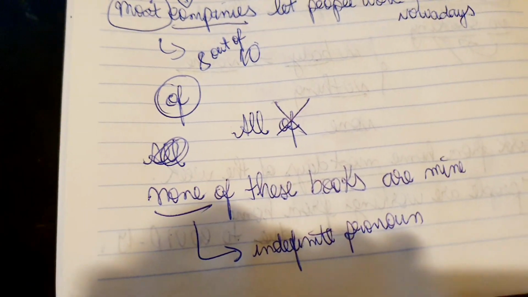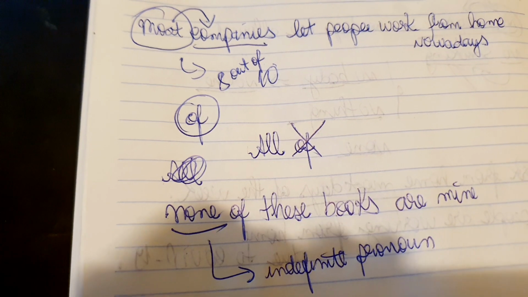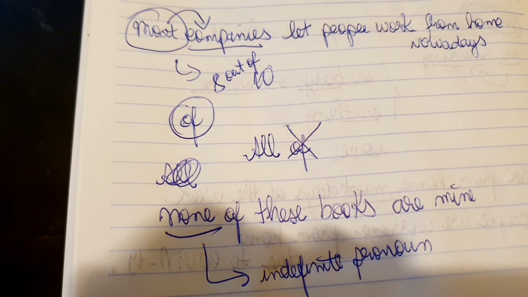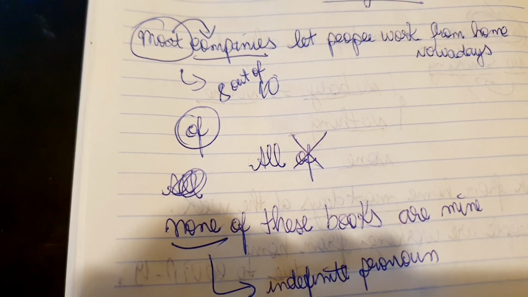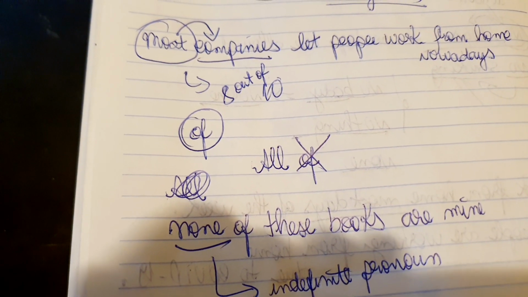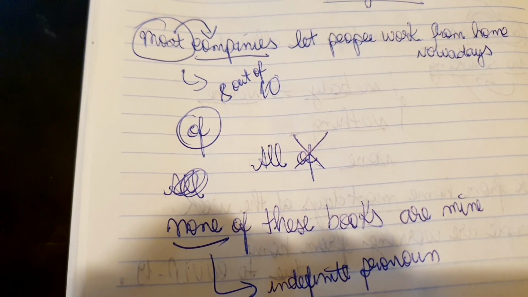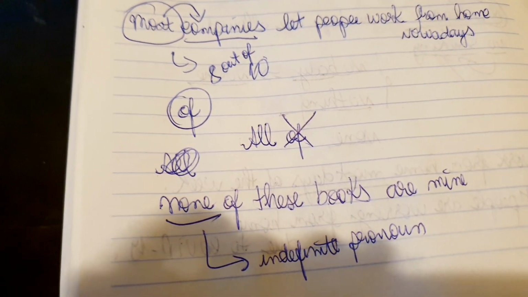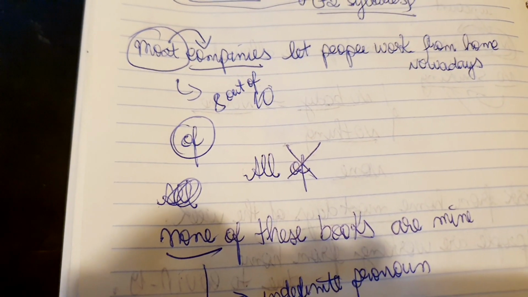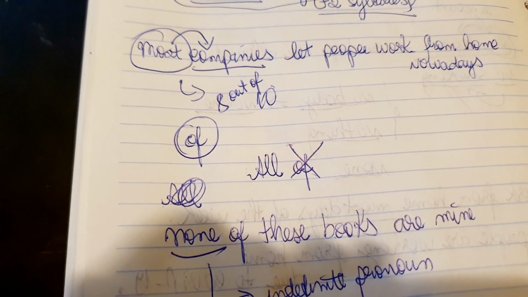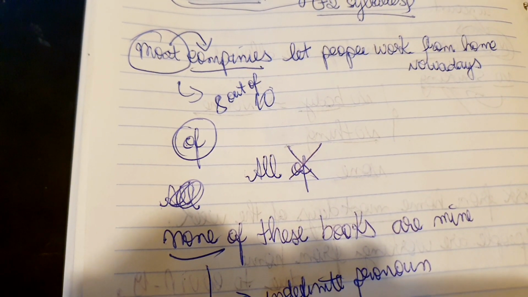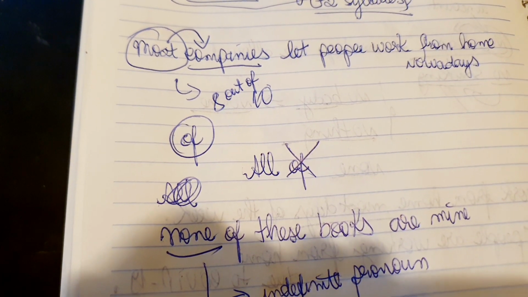Let's check. I'm checking here. None can be both singular and plural. Okay? You can say it, it's possible. It can be used with plural as well.